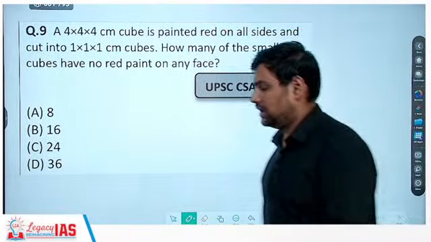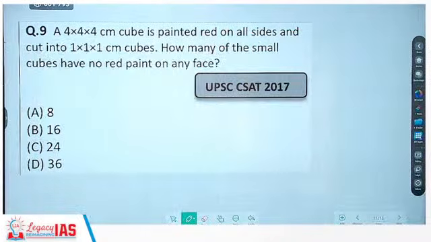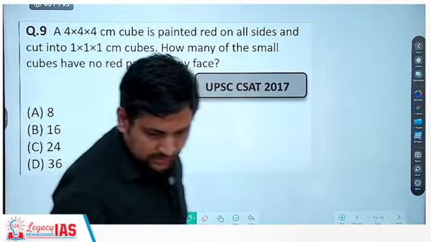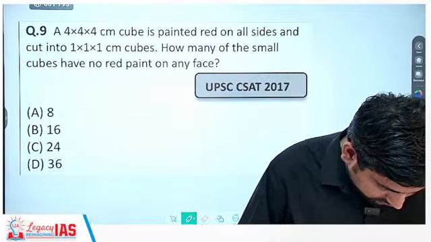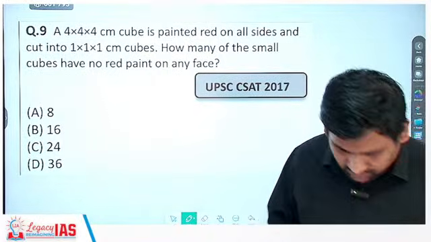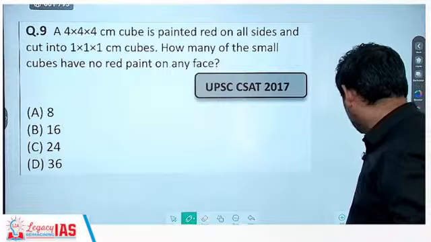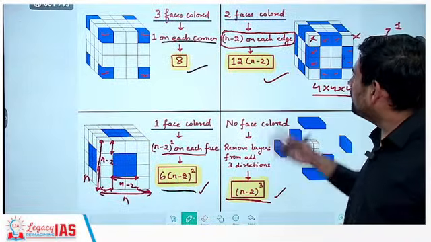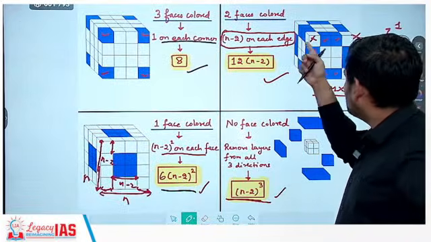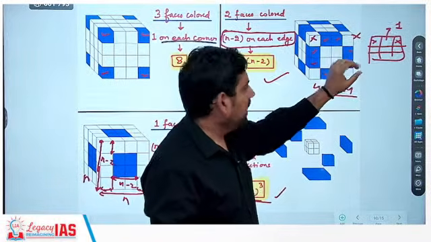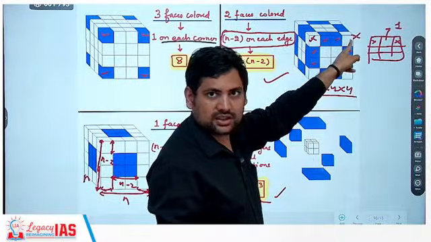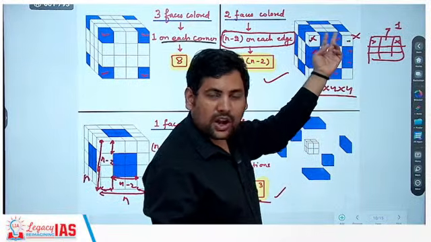Now first, this is a 4 cross 4 cross 4 cube. Two face colored. For two face colored, on each edge you have to remove the corner ones. Okay, so I remove this and this. Correct? Now how many remain?